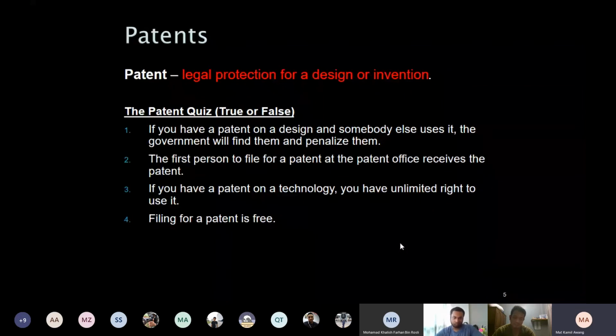The second one: the first person to file for a patent at the patent office receives the patent. Is it true or false? True, sir. Most probably true.